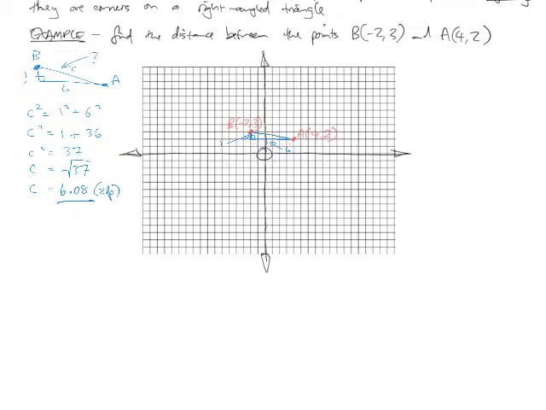Now, I just wanted to do a quick demonstration of, let's say you had 2 points that were on the same line, like that. And that doesn't form a triangle, but you're still asked to find the distance between them.